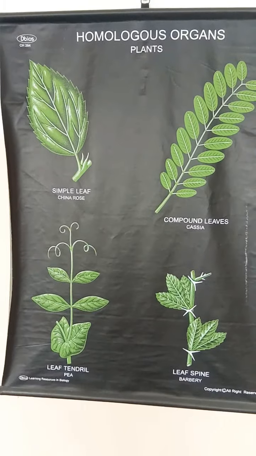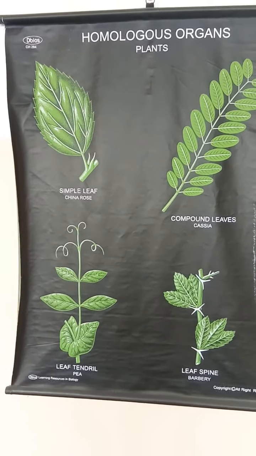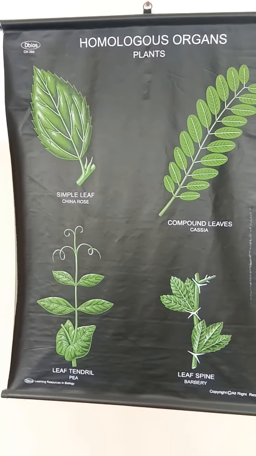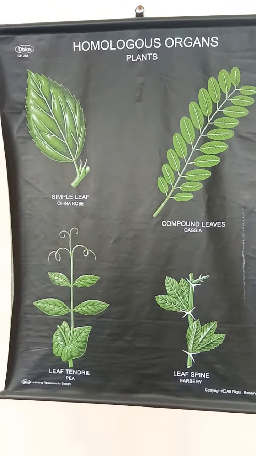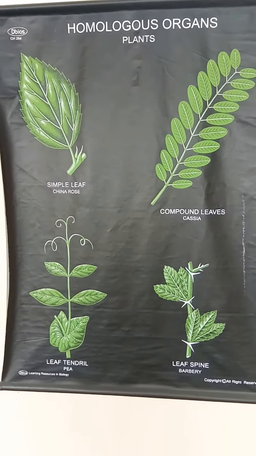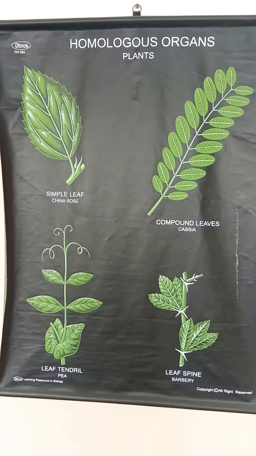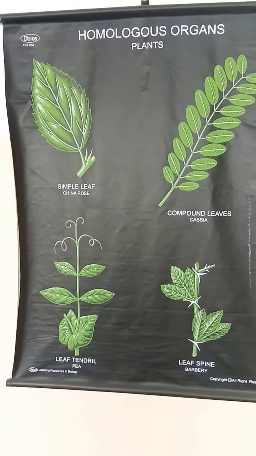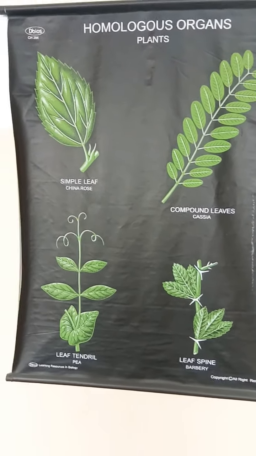So my dear students, you can see the leaves of different plants. First is the leaf from China rose, that is a simple leaf, then compound leaf from cassia plant, leaf tendril from pea plant, leaf spine from barberry. All these you have seen have the same structure but different function. All are arising from nodes, alright, but different function.